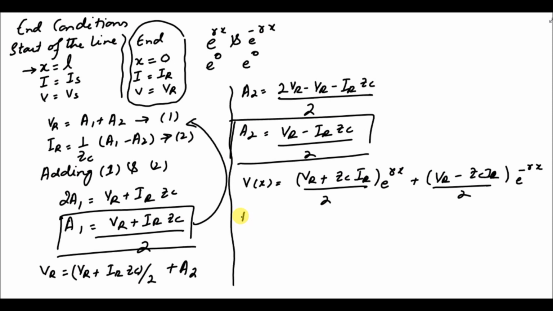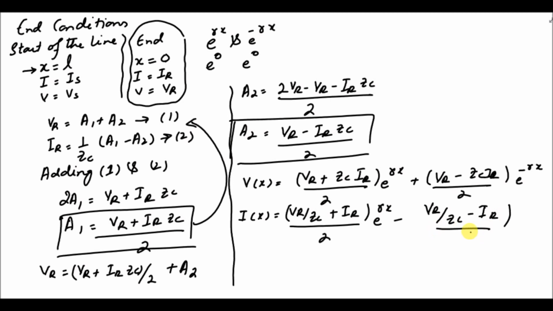For Ix, the equation will be (VR over ZC plus IR) divided by 2 e raised to gamma x minus (VR over ZC minus IR) divided by 2 e raised to minus gamma x.